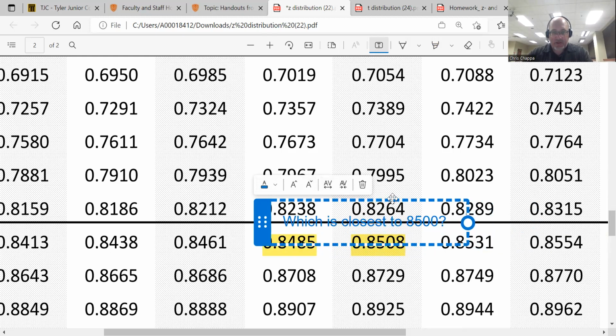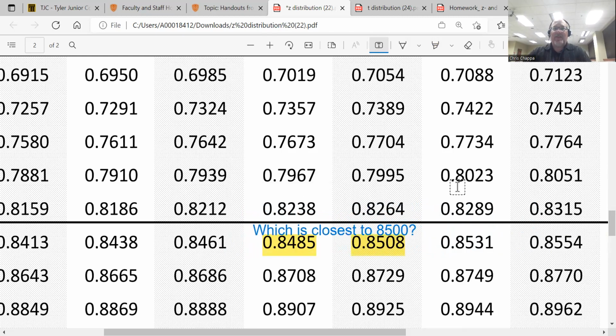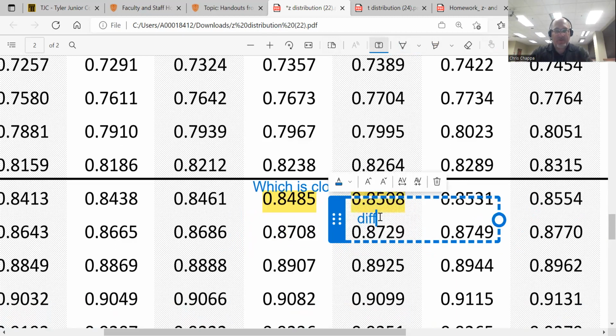I know I'm zoomed in ridiculously, but that's okay. So which is closest to 8,500? The way to do that, if you ignore the decimal, is to do two subtraction problems. If I subtract 8,508 minus 8,500, the difference is 0.0008.